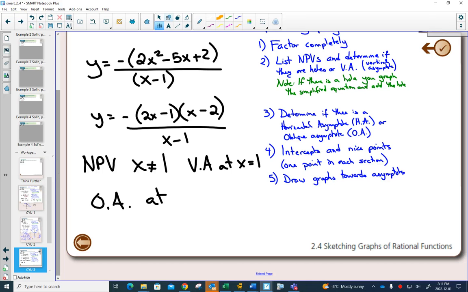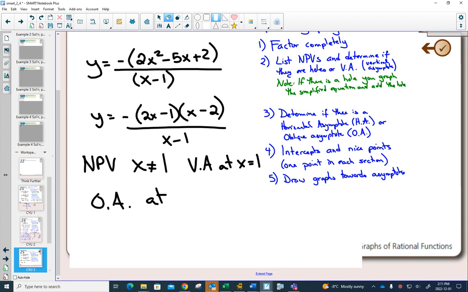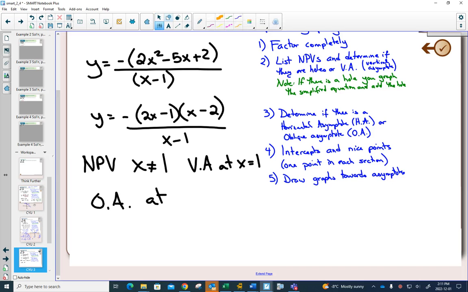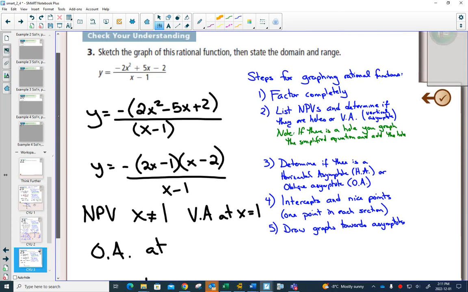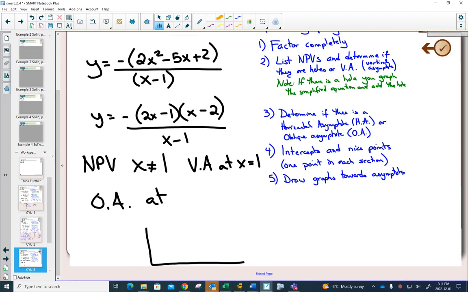In order to figure out what that oblique asymptote is, you have to use synthetic division. The original equation was -2, plus 5, -2. We are dividing by x minus 1, so there would be a +1 out in front.